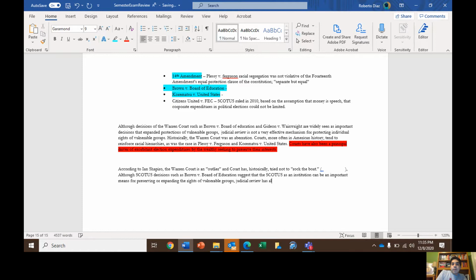Judicial review has also been used to affirm the constitutionality of the most odious and seemingly violative of the core principles actions of the executive and legislative branches.